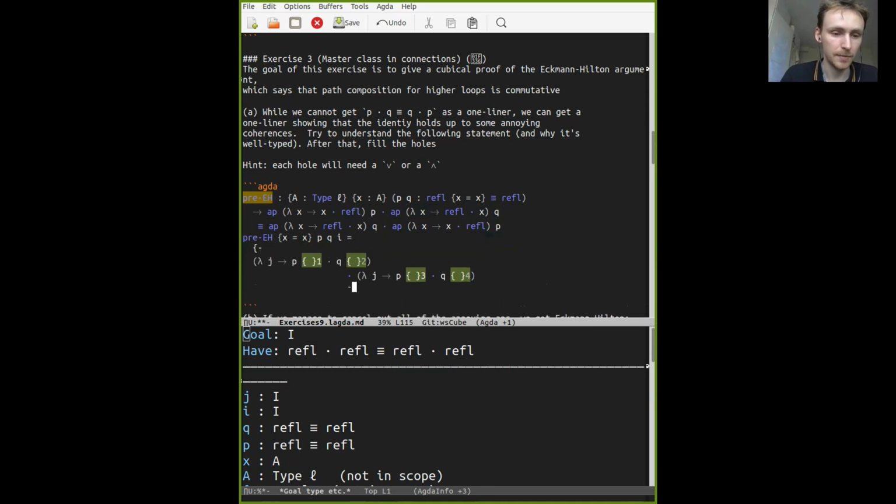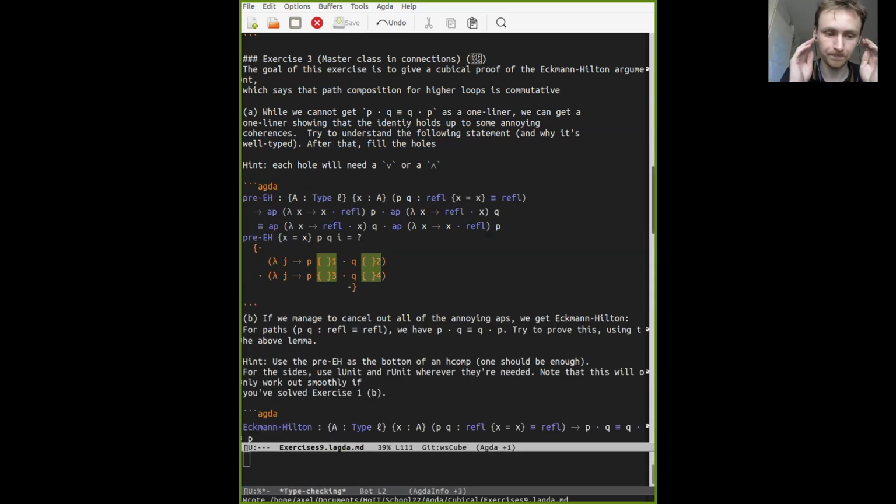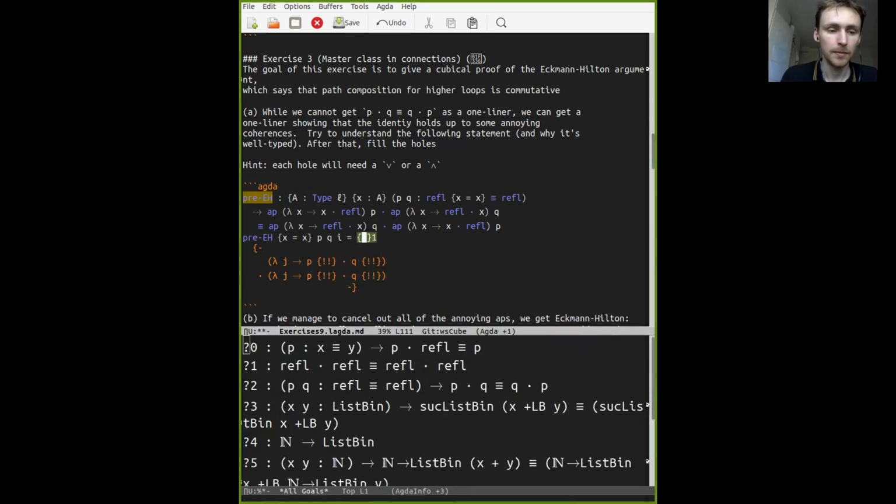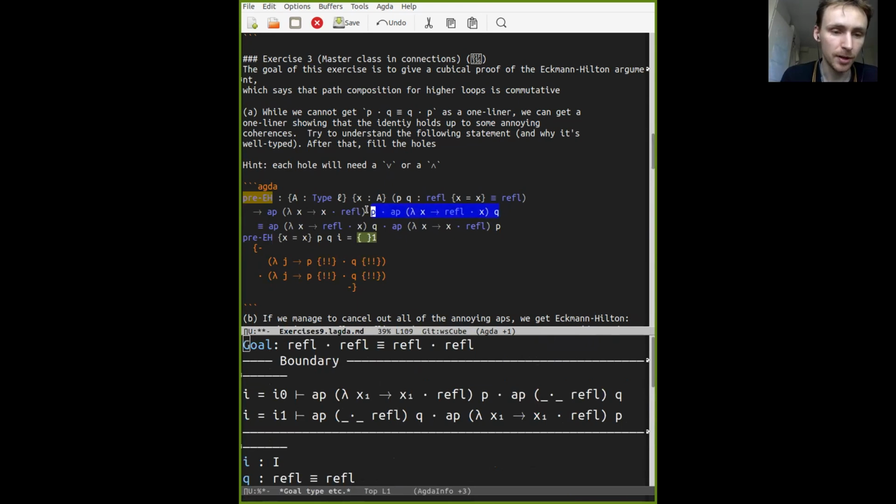I'll just keep this here. So I've outlined the proof here, and the exercise was just to put in the right connections in the boxes. So let's look at both of these terms. What do they have in common? Well, on both sides of this equality sign, we have a composition of two paths.